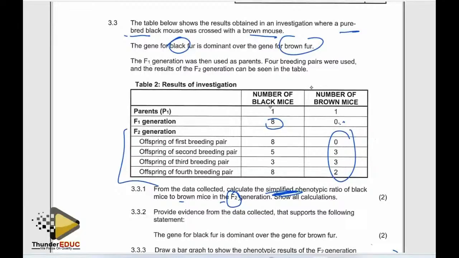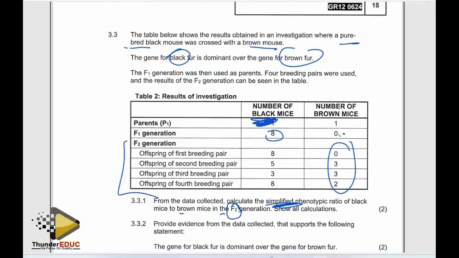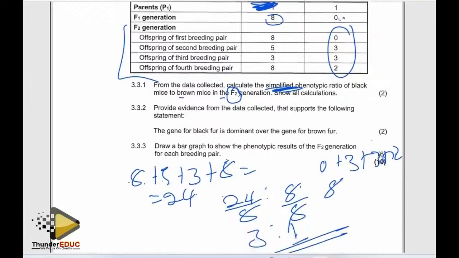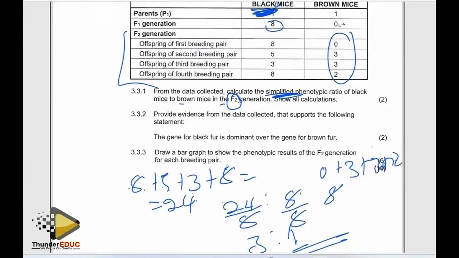But they said pure breed, meaning black was capital B and brown was small b. So when you cross these, all of them are capital B, small b. So all of them are black, which means that black is dominant over brown. So you can say in the first generation all of them were black after crossing the black and the brown. The way you have phrased it, or if you spotted another answer there, is also fine.